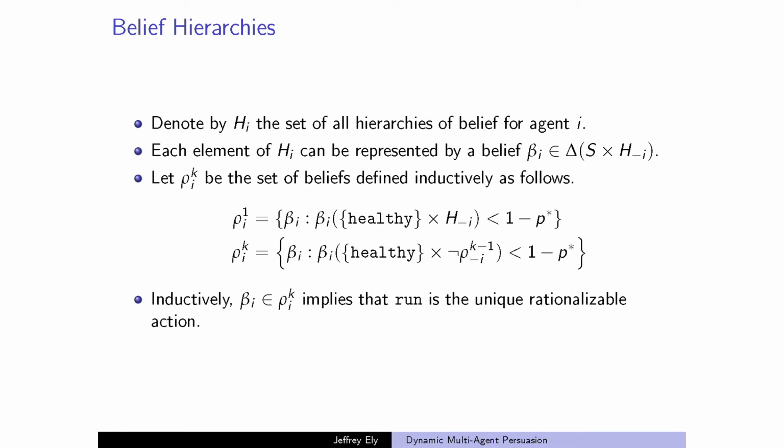So the first ingredient in defining the set is just the set of first-order beliefs that the bank is distressed with high probability. Just look at the notation. This is the set of all hierarchies of the other guy. So this is just the marginal probability on the bank's health, which assigns less than probability 1 minus p star to the bank being healthy, and therefore greater than or equal to probability p star that the bank is distressed.